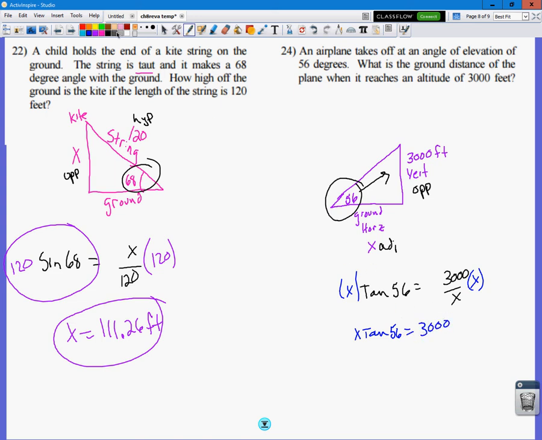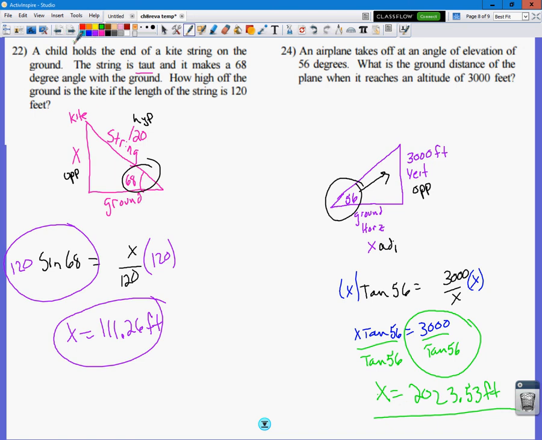And then we would divide both sides by the tangent of 56. So x is equal to, we key this in the calculator, and this comes up to 2,023.53, and this would be feet.